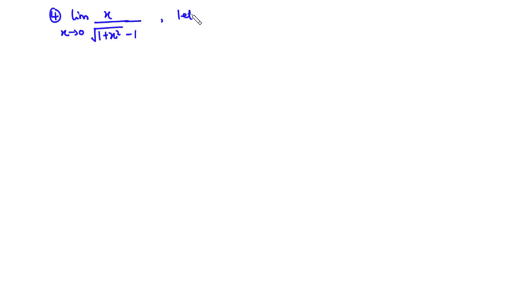So let f of x be equal to x over the square root of 1 plus x squared minus 1. Therefore we have f of x equals x over the square root of 1 plus x squared minus 1.